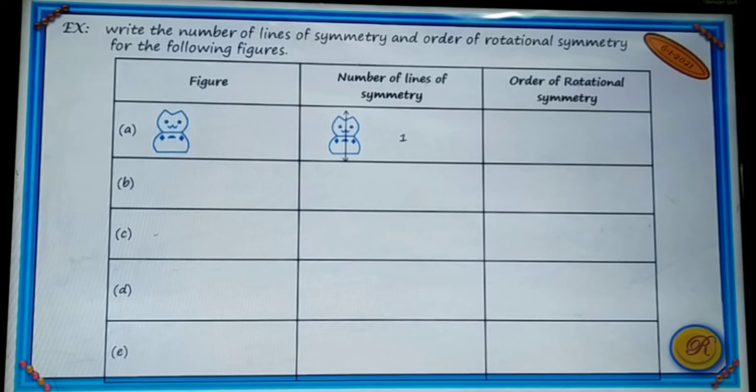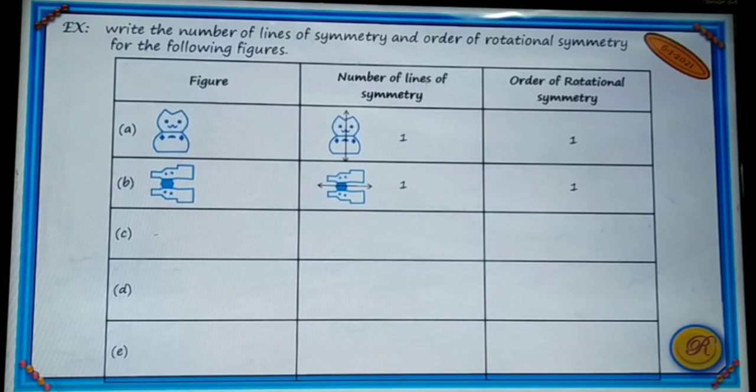Order of rotational symmetry 1, because angle of rotation is 360 degrees. For figure B, number of lines of symmetry 1, horizontally we can draw. Order of rotational symmetry 1.